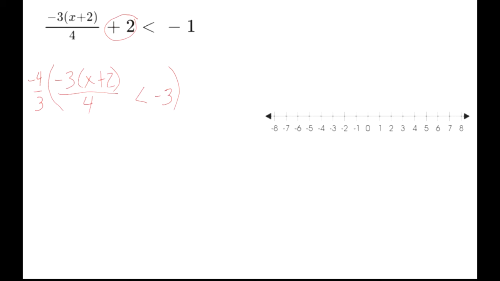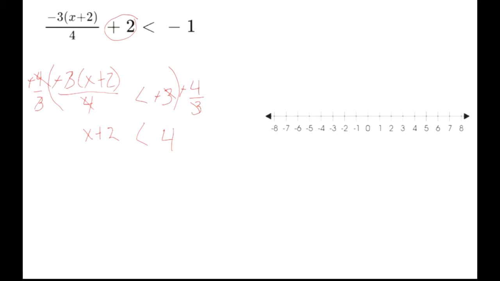What that'll do is on the left side, the 3 cancels out, the 4's cancel out, and the negatives cancel out. I also have that negative 4/3 on this side. So the 3's cancel out, the negatives cancel out, and I'm left with just 4 on the right, and I have x plus 2 on the left. Now, I just did something wrong.